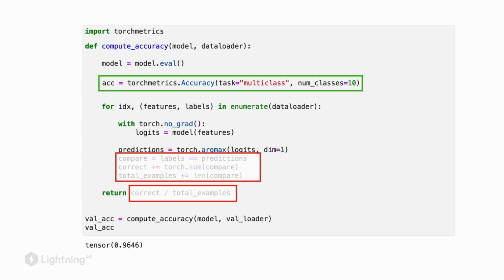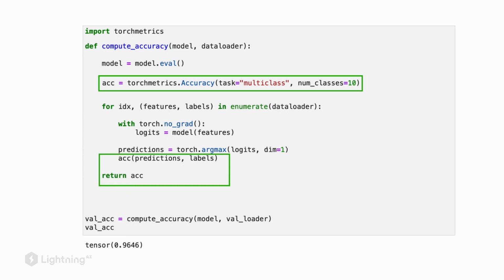Then in each iteration, I'm computing the accuracy between the predicted class labels and the true class labels. The accuracy class will then internally track the accuracy while we are looping over this whole dataset. And then to compute the accuracy for the whole dataset, we call .compute, which then gives us the accuracy.